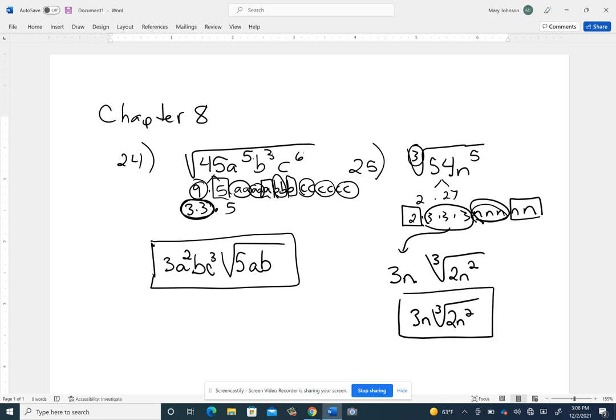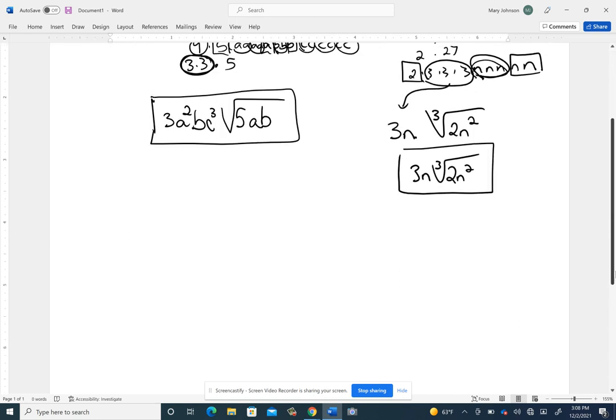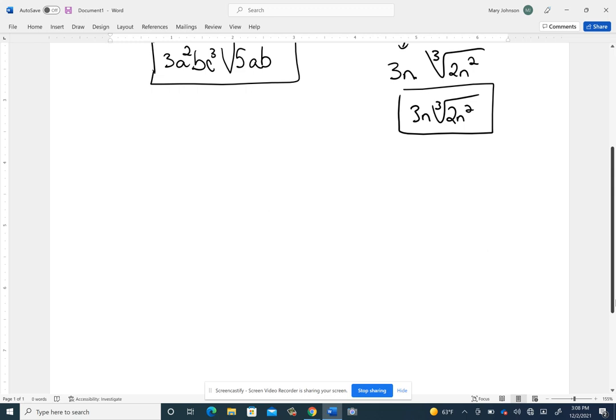Just chapter 8 was all about radical expressions and equations. Then you might be asked to add or subtract, or to multiply radicals.